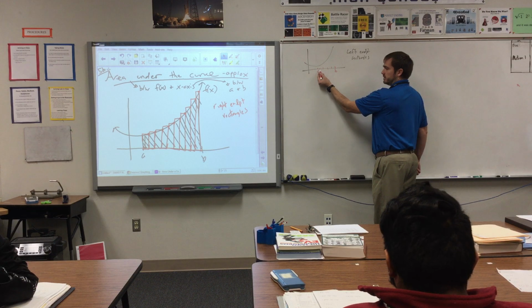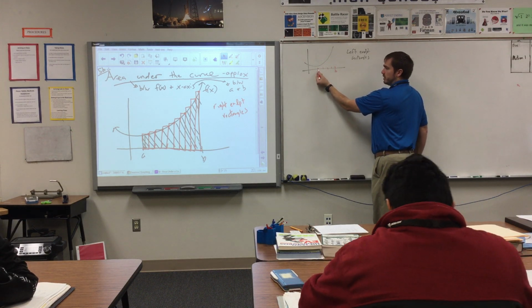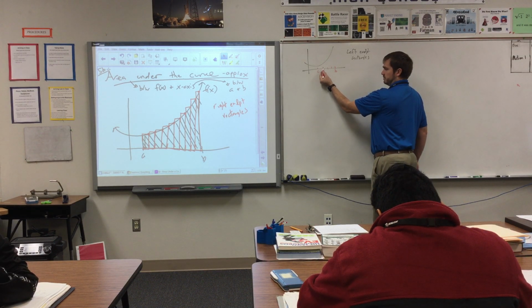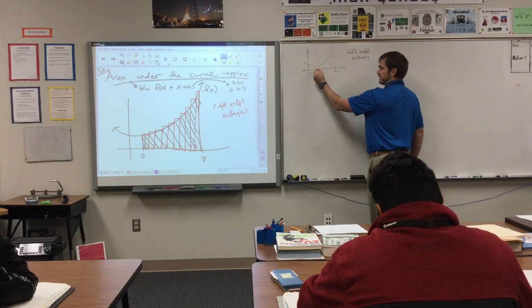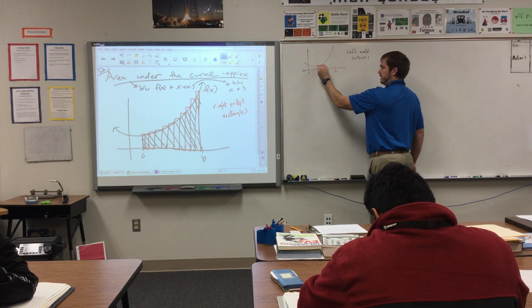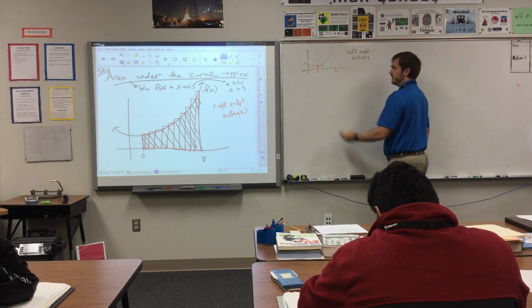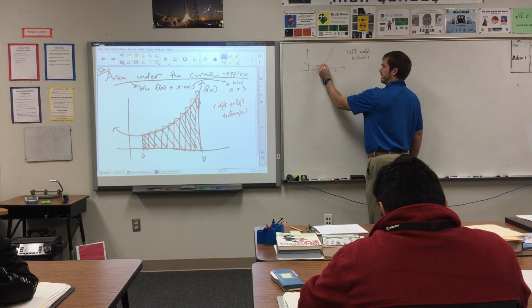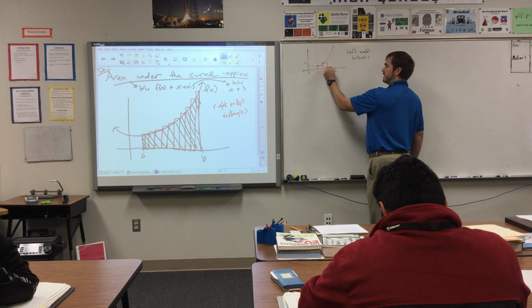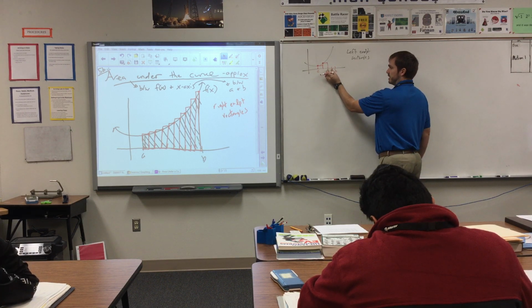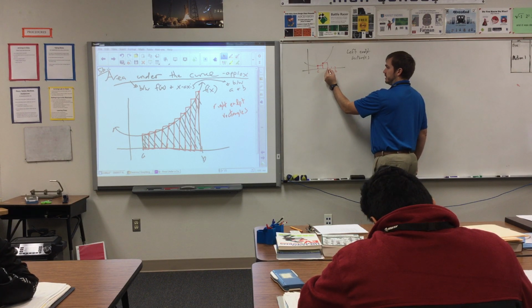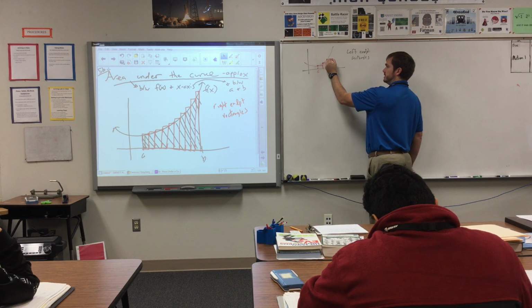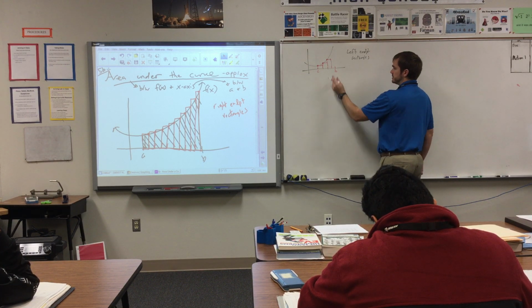Left endpoint rectangles. When I'm making a decision, do I go up from this point to this point? We pick the left endpoint and then shoot across. And then for this rectangle, we use the left endpoint and I go all the way up until it hits the function, and then I go across. And then for this rectangle right here, I go all the way up until the left endpoint hits, and I go across.